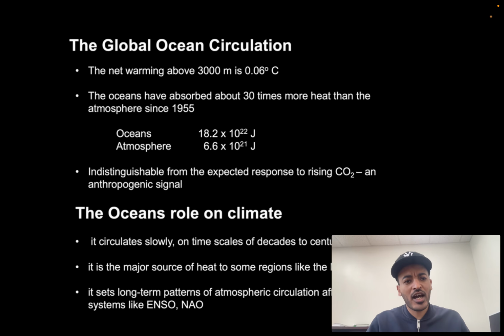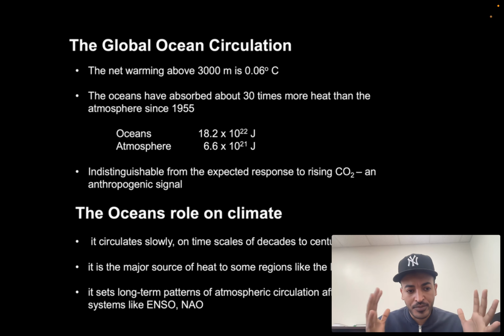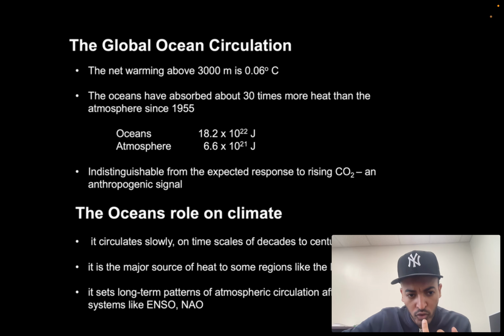And if you ask me how the global ocean circulation is important, like I said, the oceans are critical because it's a very important source and sink for carbon dioxide, right?